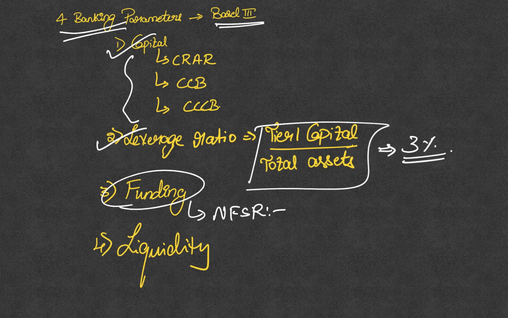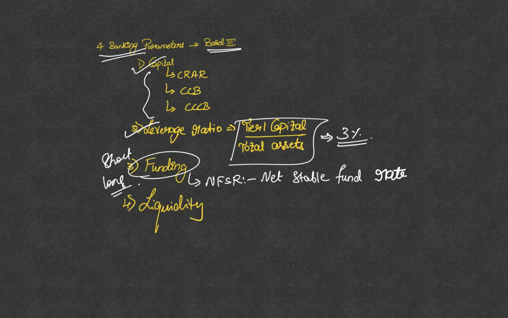Now, when it comes to funding activities, it is quite possible that banks can source their funds through short term, or they can even go for long term. Now, if they go for short term funding, it creates a lot of volatility. The concept of net stable funding ratio says that all the activities and businesses conducted by banks should be based on a 1 year horizon. That is, there should be stability or sustainability of the fund sources.